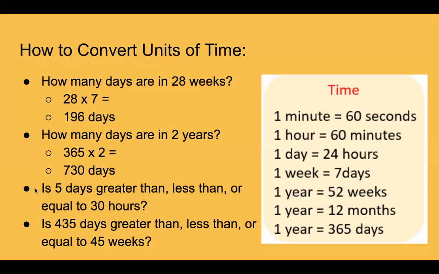I have to convert days into hours so that I can compare hours to hours because I'm comparing the same unit. That I can do. So first, let's change the days to hours. Let's see. All right, so there's 24 hours in one day. Okay, so to figure out what 5 days is equal to, I'm going to have to multiply 24 times 5.